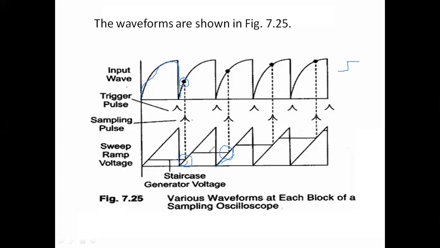When these two signals are equal, the voltage comparator will produce a pulse, so it becomes a sampling pulse, and at that moment the sampling gate opens, and the voltage presented as input at that moment will be sent to the vertical amplifier. When the second staircase voltage and the ramp input are equal, the staircase generator will produce the next staircase voltage.